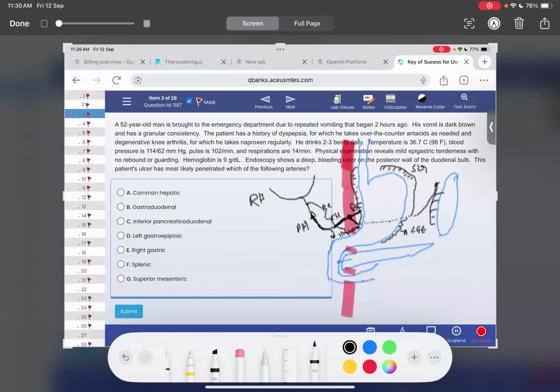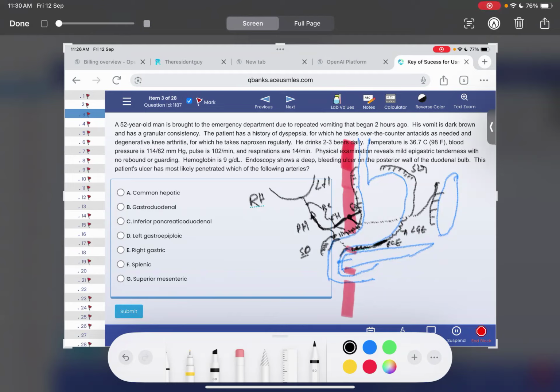This gastroduodenal artery goes behind the first part of the duodenum and gives a branch called supraduodenal, which supplies the first part of the duodenum. It goes behind the duodenum, supplies this part, and anastomoses here, and this is called the right gastroepiploic.